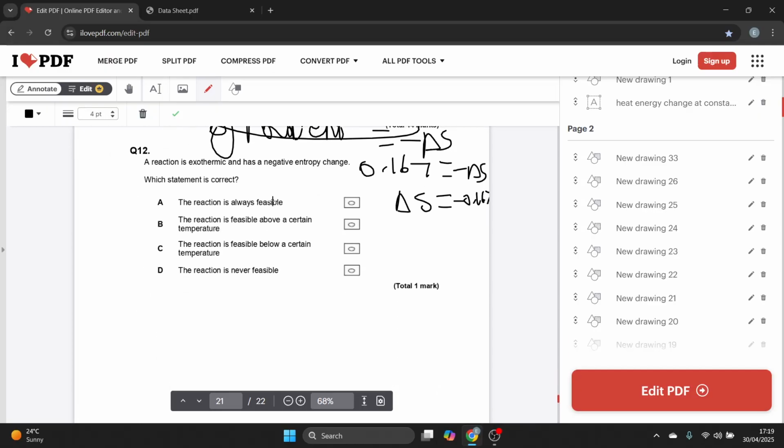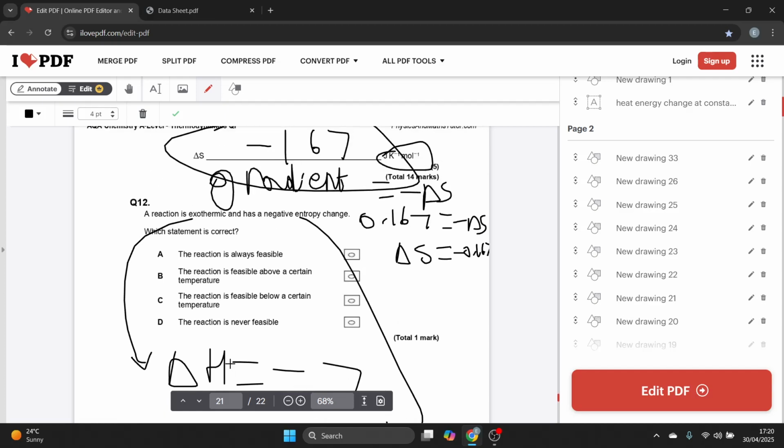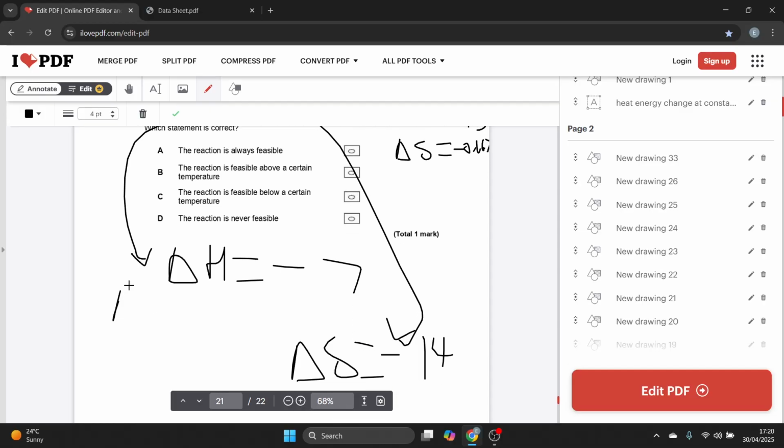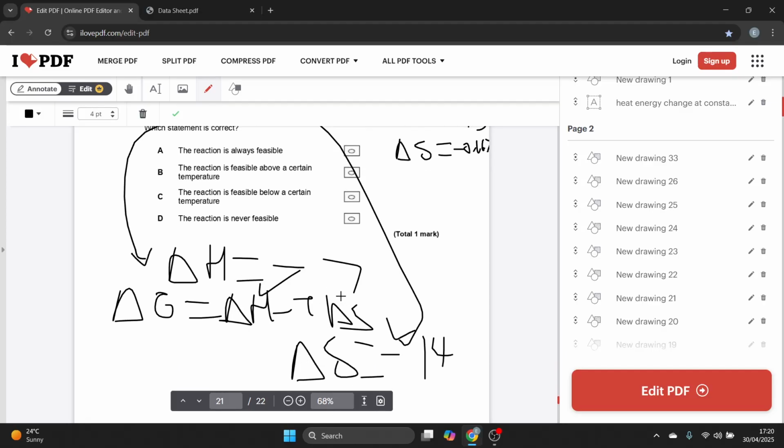Question 12, a reaction is exothermic. So exothermic meaning delta H equals a negative 7, let's say for example, just a negative number, and there's a negative entropy change. Entropy change equals negative 14. What is correct about the feasibility of the reaction? So delta G equals delta H minus T delta S. I've got delta H is negative, and I've got delta S is negative.